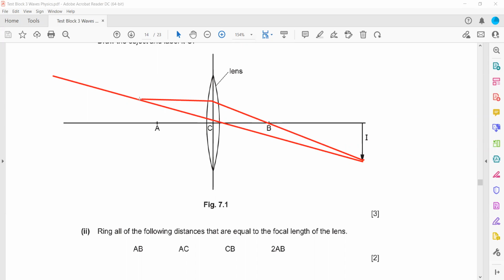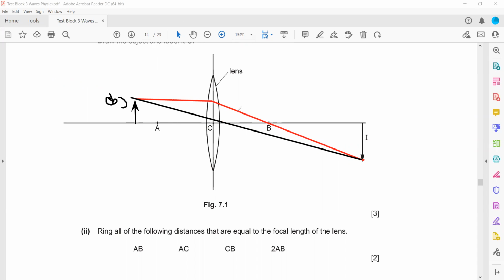So when we locate the position of the object, the object will be here, because if there's a parallel light ray, it will pass through the focus, and one through the center of the lens will pass straight. So the point where the two light rays intersect is the position of the object in this example.